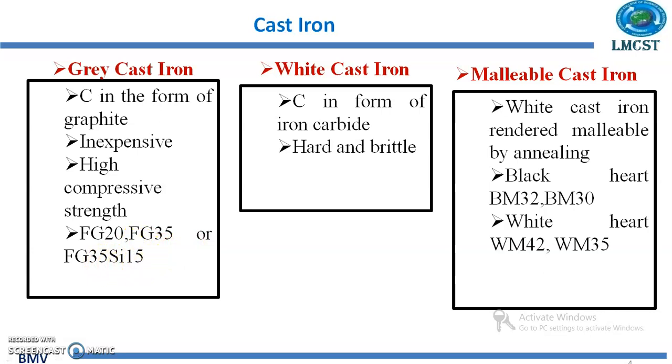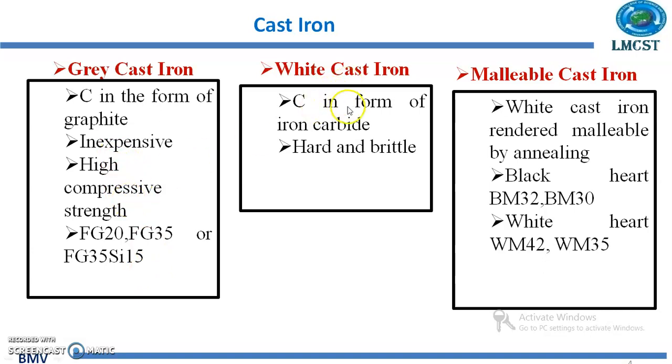Here the number indicates the ultimate tensile strength in megapascal. That is, 35 indicates the ultimate tensile strength in megapascal, and 15 indicates 0.15% of silicon present in the cast iron.